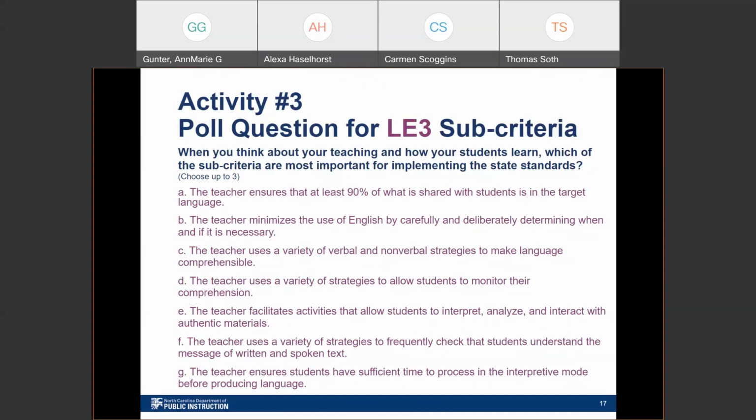All right, there's about 30 seconds to get your responses in. You can choose up to 3 of these sub-criteria.